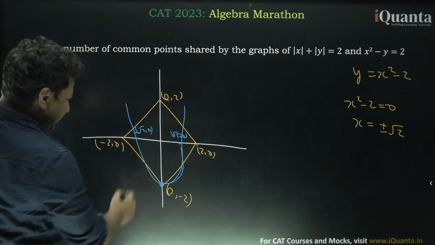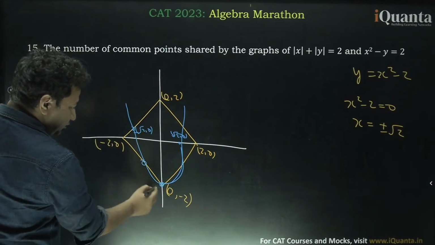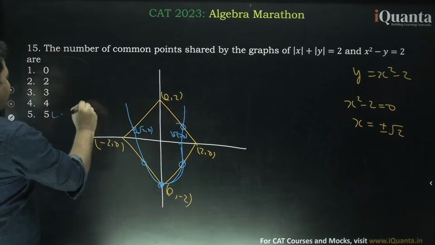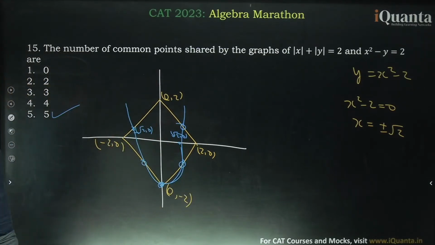How many points do we have? 1, 2, 3, 4 and 5. So overall we will be having 5 points. Those who marked 2 or 3, that's wrong. Clear? Interesting question, right? Just by drawing a graph, we could get the answer.